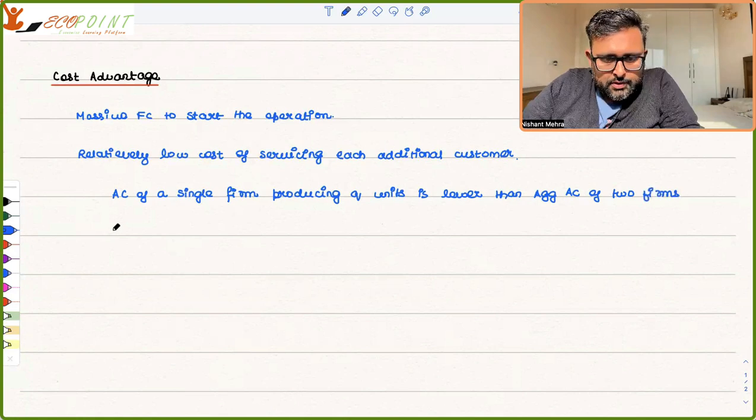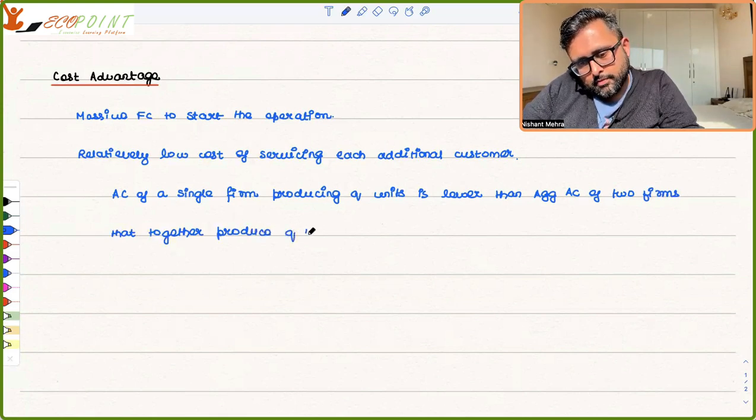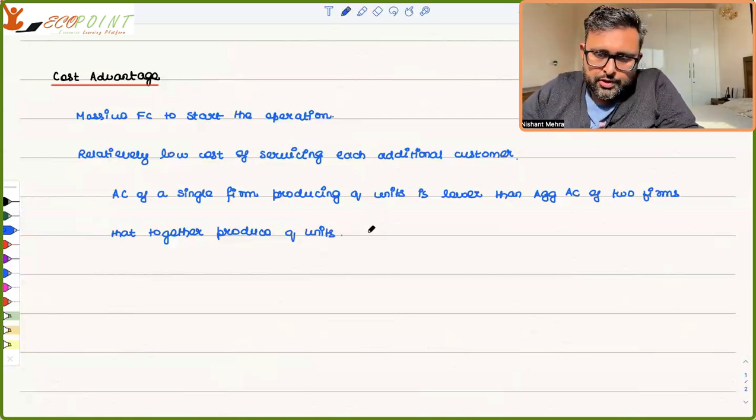running aggregate AC of two firms that together produce Q units. So what you're trying to say is this, that supposedly if Q has to be produced and one firm is producing this, a monopoly firm, then the average cost is ACQ.